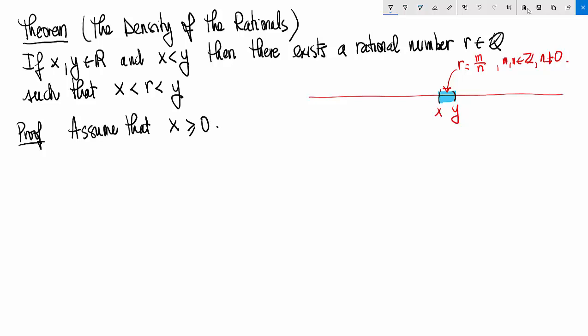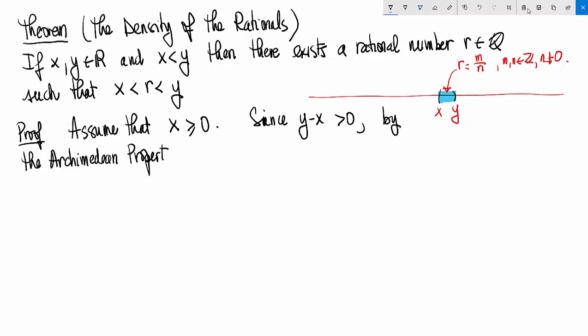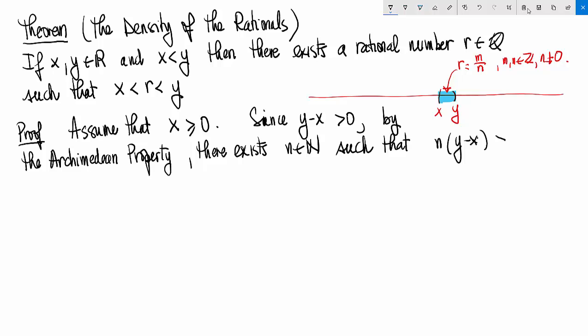Then since y minus x is positive, by the Archimedean property, which we've seen earlier, there exists some natural number n such that n times (y minus x) is greater than 1, or in other words, n times y is greater than 1 plus nx.